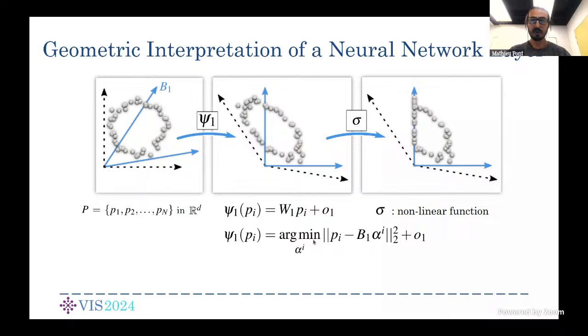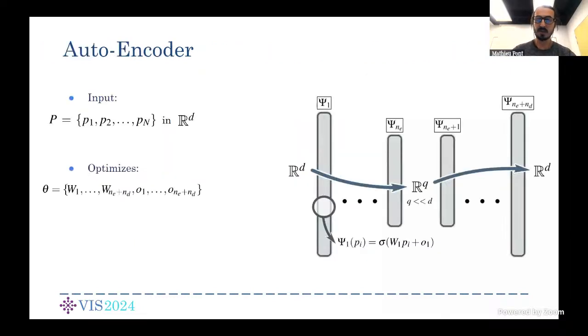Now we can define the auto-encoder as a sequence of layers that will first reduce the dimensionality of the input point cloud in what is called the latent space, and then we'll get back to the original space. The goal is to reconstruct the input point cloud at the output of the network by optimizing the parameters of each layer in order to minimize the reconstruction error.